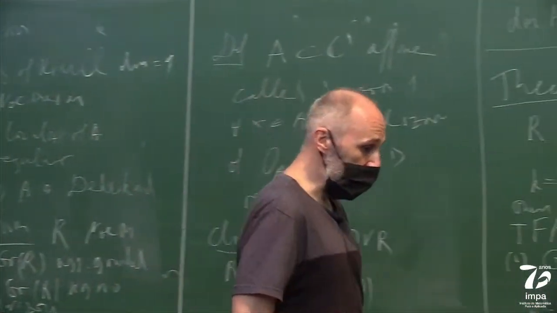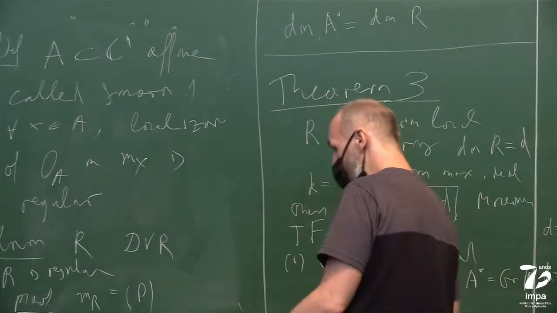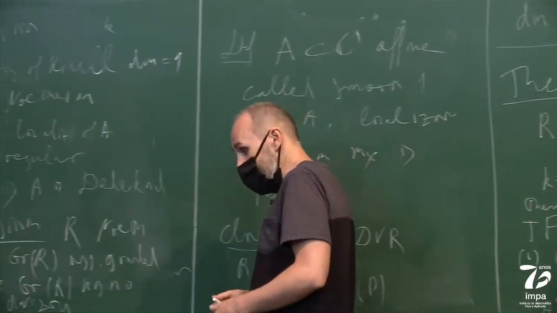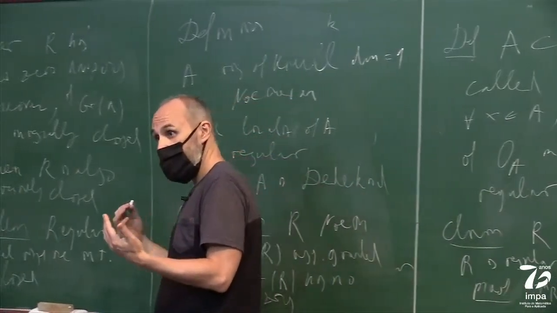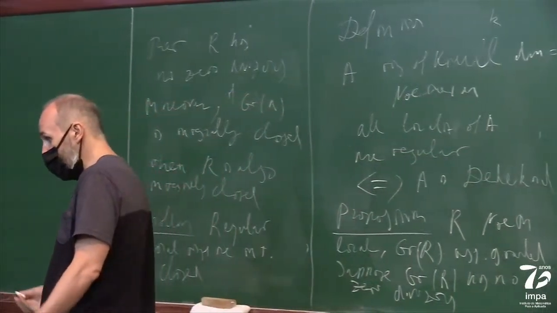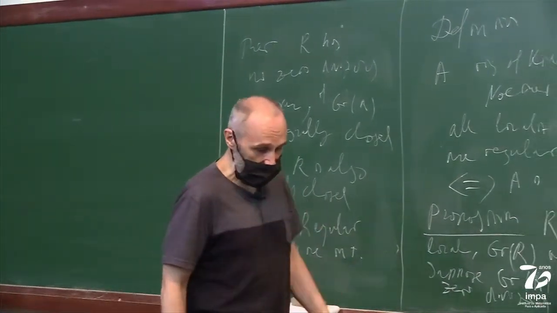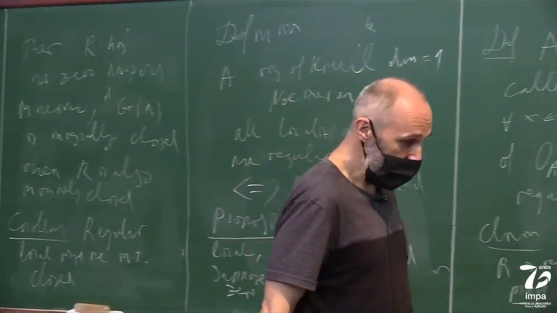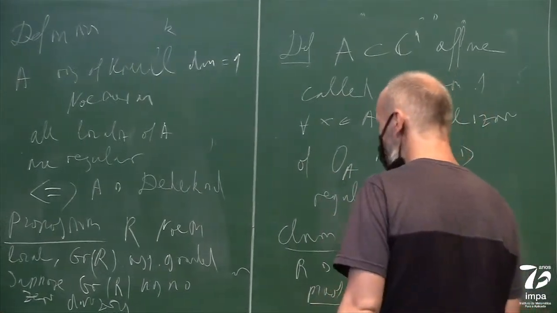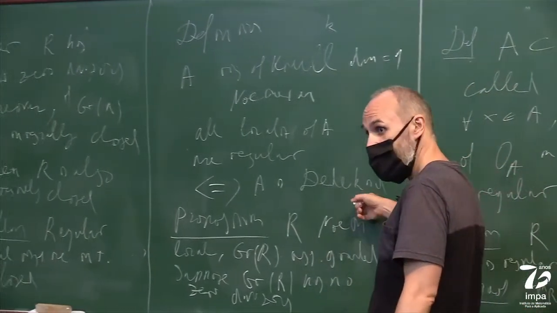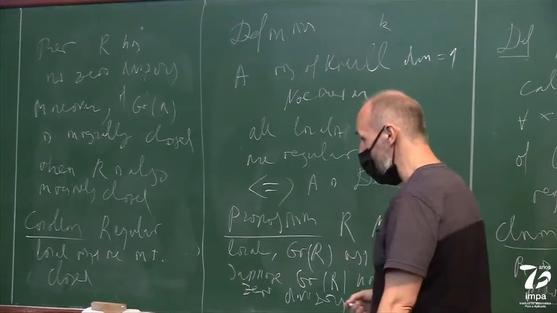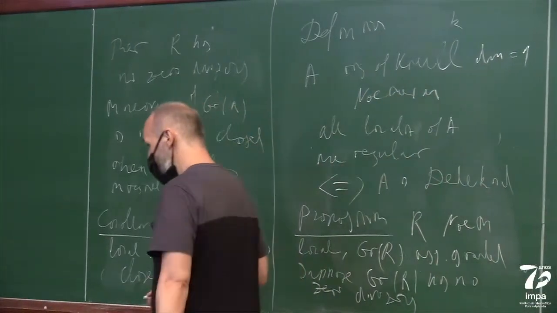If you think of dimension 1 spaces as complex curves, one-dimensional algebraic varieties, then it says that normality, integral closedness, is equivalent to smoothness, because smoothness is the Dedekind condition, and Dedekind is equivalent to normality.